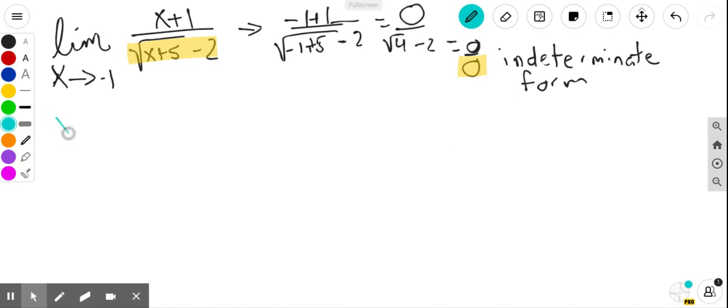So now I'm going to take a look at this, and the goal is to manipulate this and I'm going to multiply by the conjugate. So in this instance, because I have a radical minus a number, I'm going to do that same radical plus that same number right now.